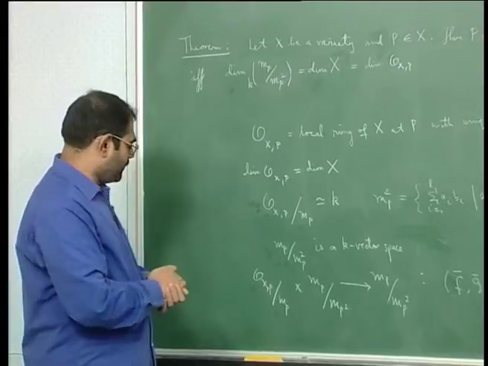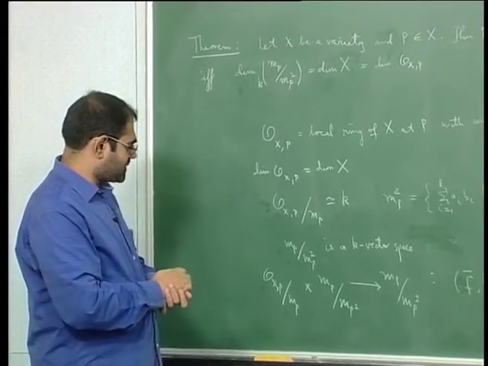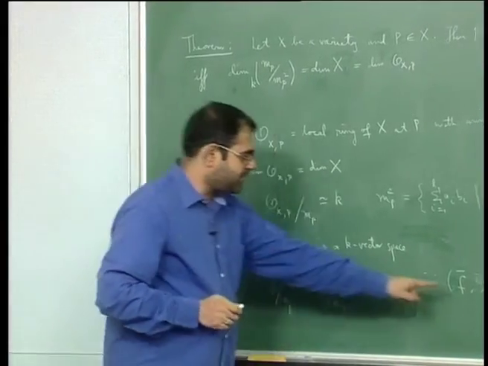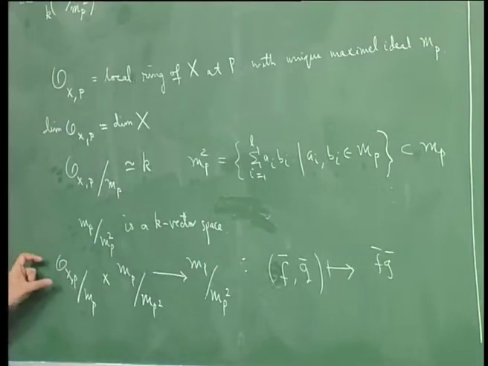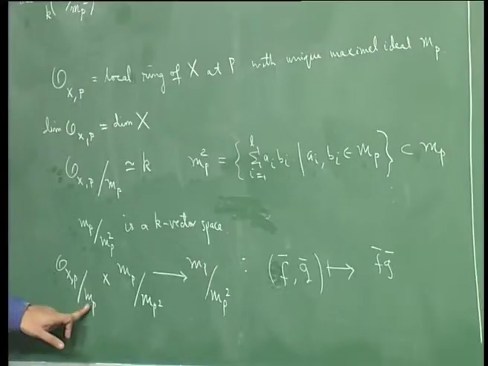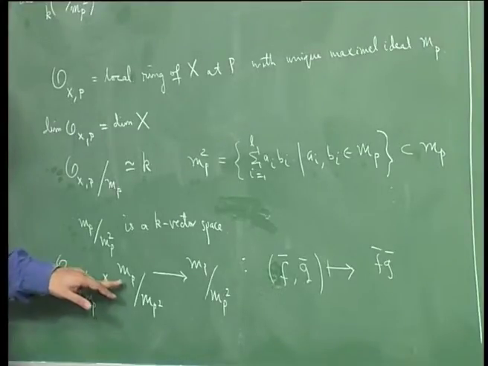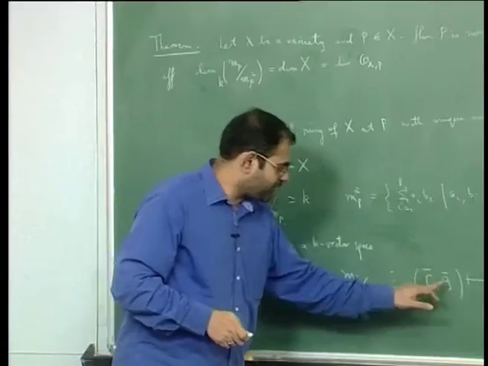Okay, so you can check that this map is well defined, where this F bar is, where F is an element of the local ring, so it is a germ of a regular function at the point P, and F bar is its image. Actually F bar is just that regular function evaluated at the point P, it is just evaluation, and here you're taking G bar.